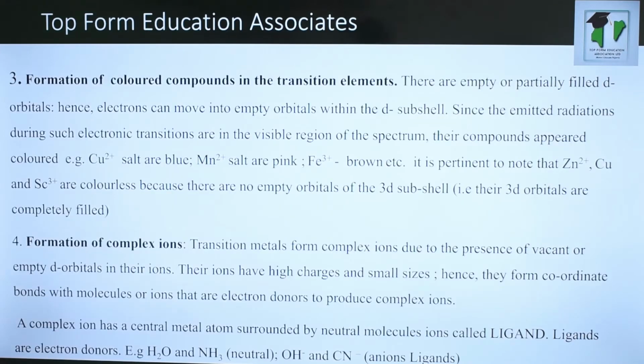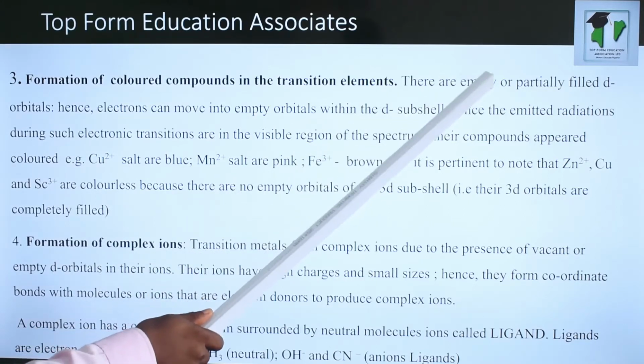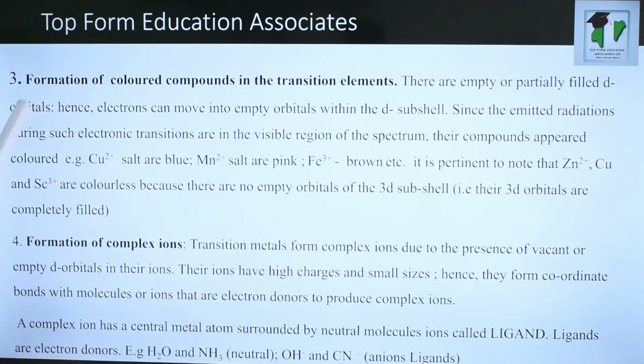The third property or characteristic of transition metals is formation of colored compounds. The transition elements have empty or partially filled d orbitals. Hence, electrons can move into empty orbitals within the d subshell.